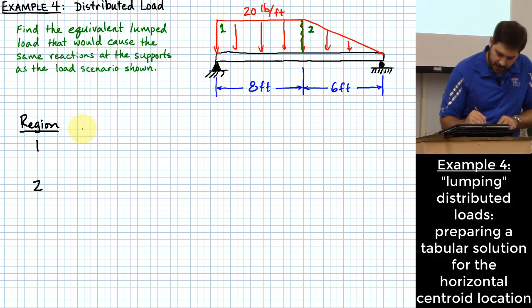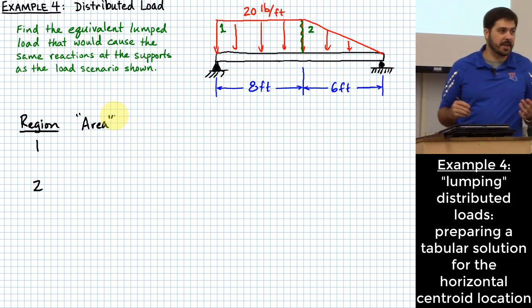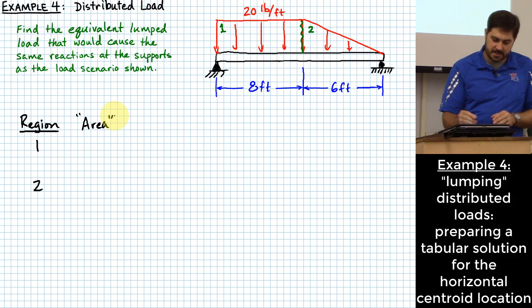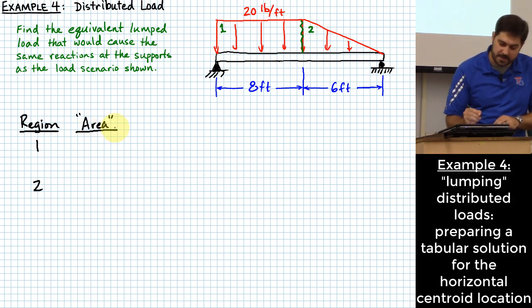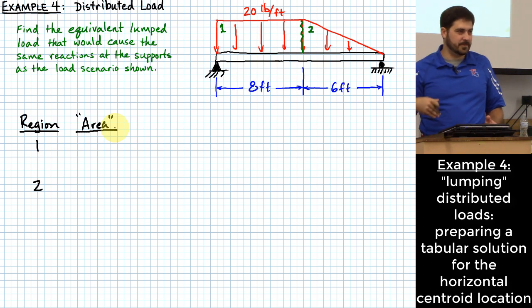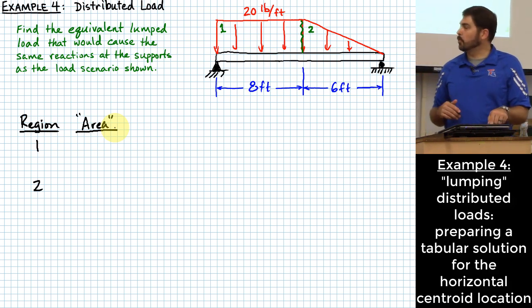And in the next column, you might say area. I'm going to put that in quotes, because when we find the area, it's not really an area, is it? It's an area on this chart, on this graph, right? But the area is not going to have units of, say, length to the second power. Okay? So let's see, what would that area look like for region number 1?